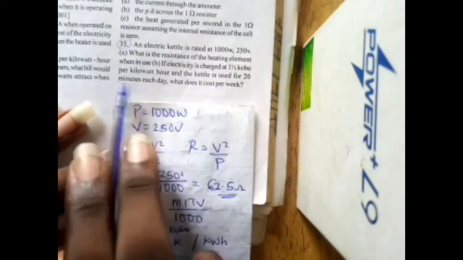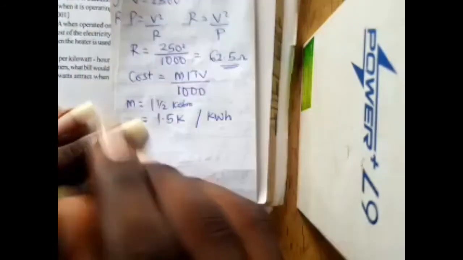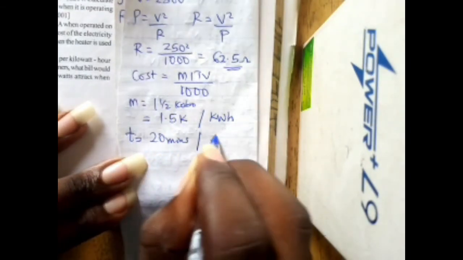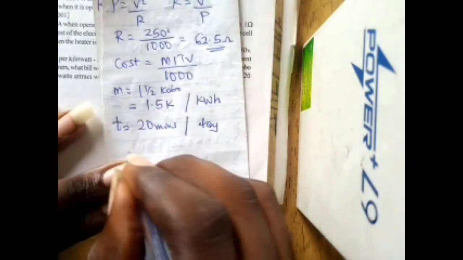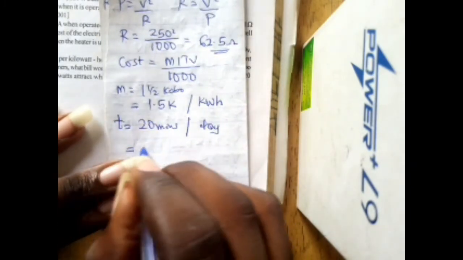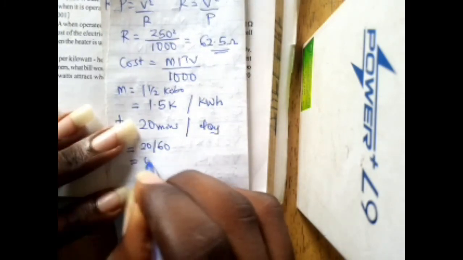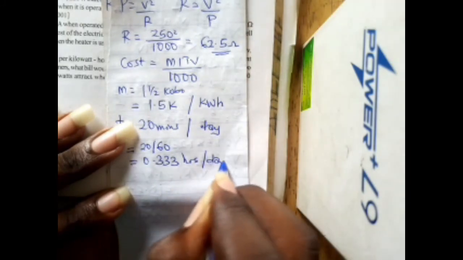And the kettle is used for 20 minutes each day. What does it cost per week? The time it is used is 20 minutes per day. We are dealing with kilowatts and hours, so how many hours in a day? 20 over 60 gives us 0.333 hours per day.